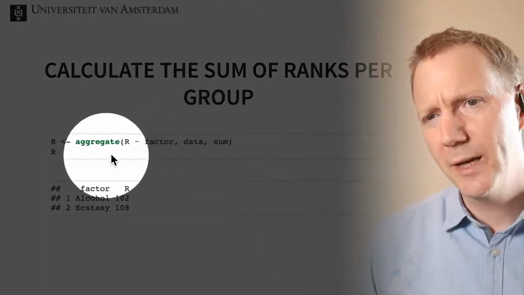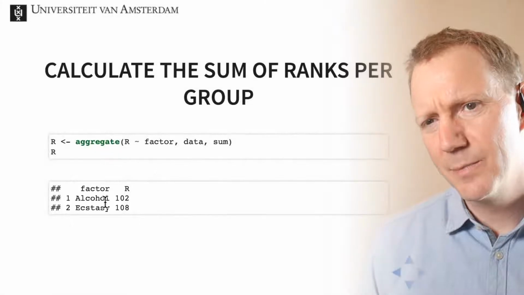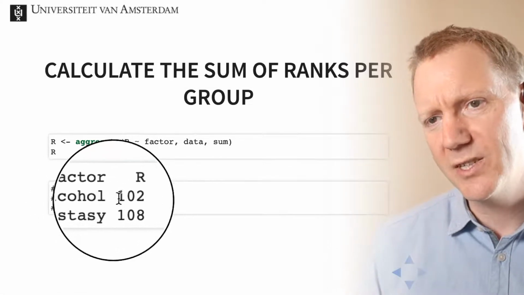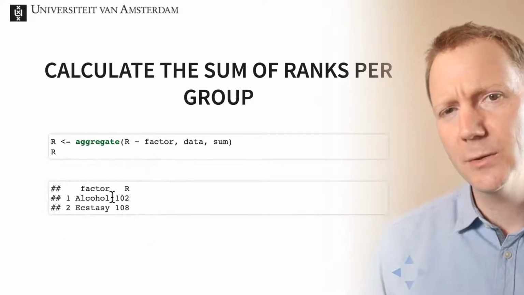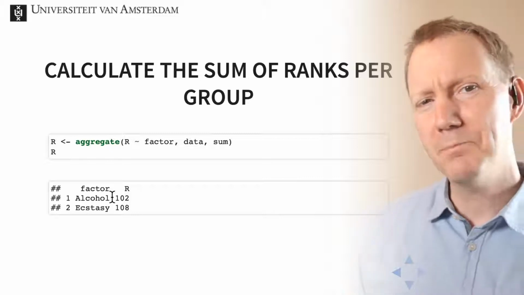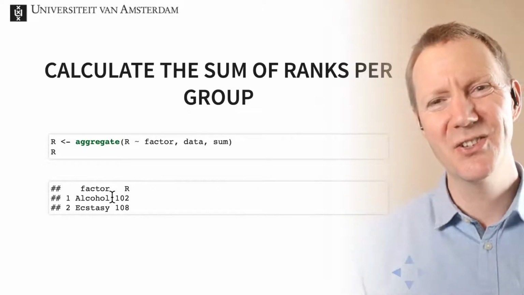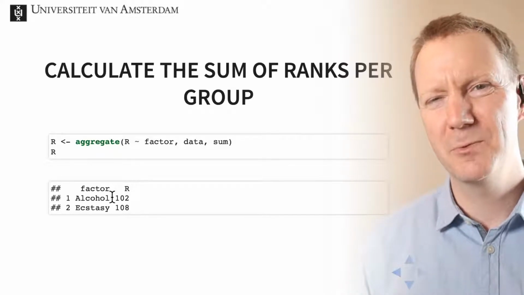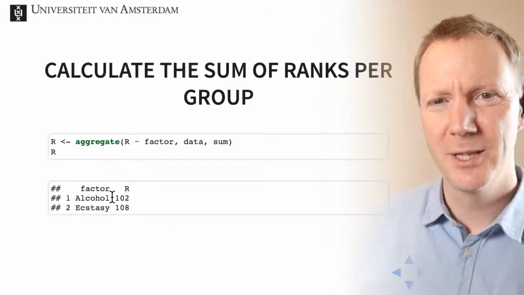So that's what we're doing. I'm using the aggregate function here, and what we're getting for the ranks for alcohol and ecstasy is that one is 102 and the other is 108. So these are pretty close. So I'm betting that if I do significance testing afterwards, these will probably not be significant because they're very close. You agree with me?